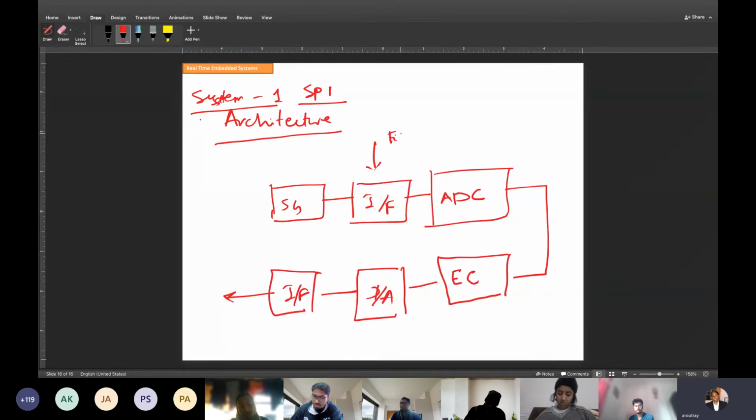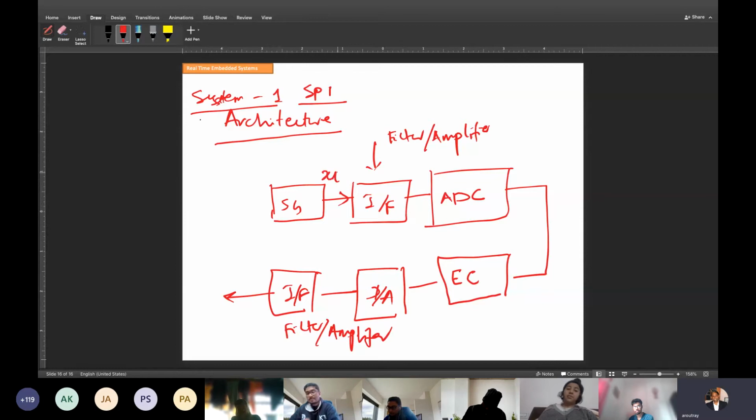Remember, this could be a filter also, and this could be some amplifier, filter and amplifier together. This could also be a filter and amplifier together. So this is your input, X of t. This is output, Y of t.